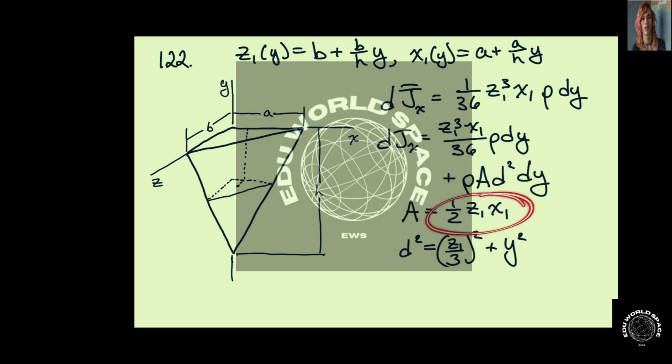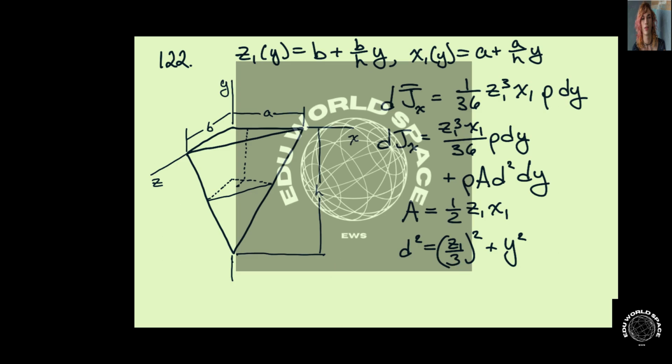So that's a function of y. The distance here squared, we need it squared, so it's this distance squared, which is z1 over 3, plus this distance squared, and that distance is just y. So we have this piece and this piece. Now we have all of this stuff in terms of a function of y.